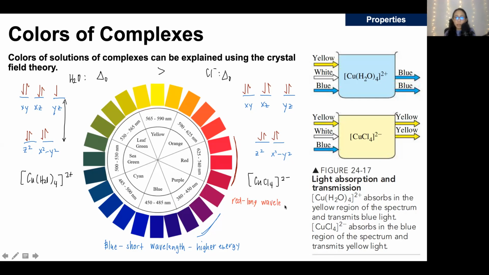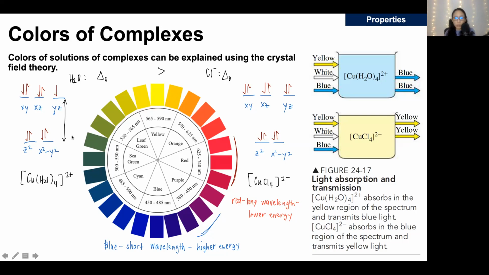So if the wavelength is long, it means you have lower energy, which means of these two, which should absorb higher energy? It should be water, right?